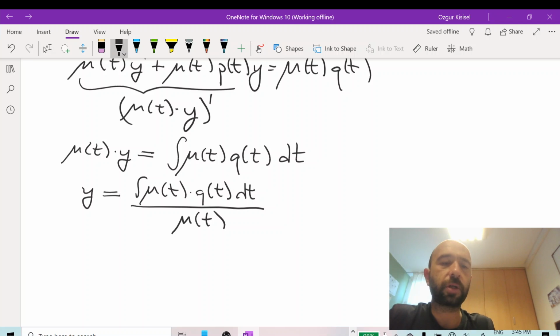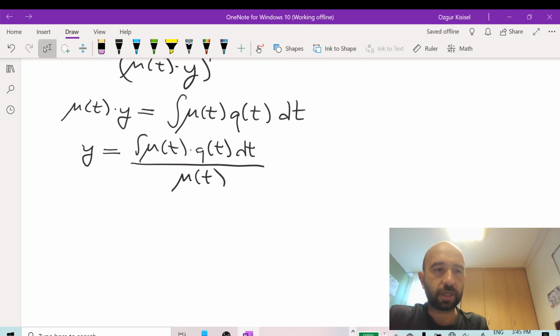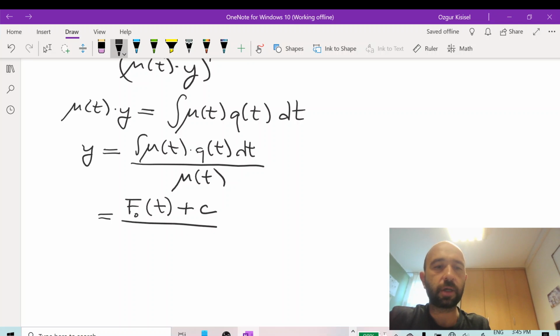Now, a few things to talk about. First of all, this existence uniqueness theorem is closely related to this free constant occurring in the solution. Where is the free constant? Now, that will appear exactly in this integration step, right? So when you integrate, you will have this integral is equal to some function, let me say f0 of t, some antiderivative of mu times q, whatever it is, plus a constant, over mu(t).